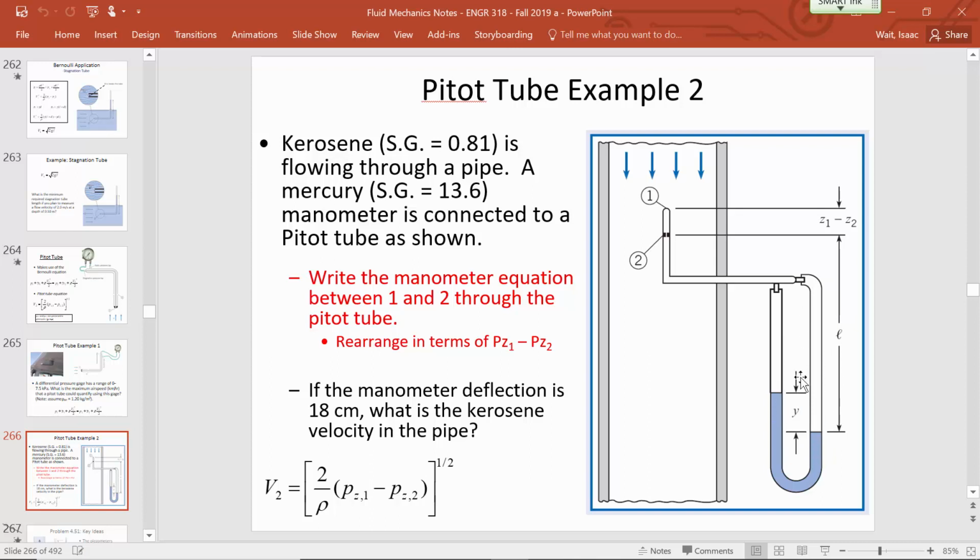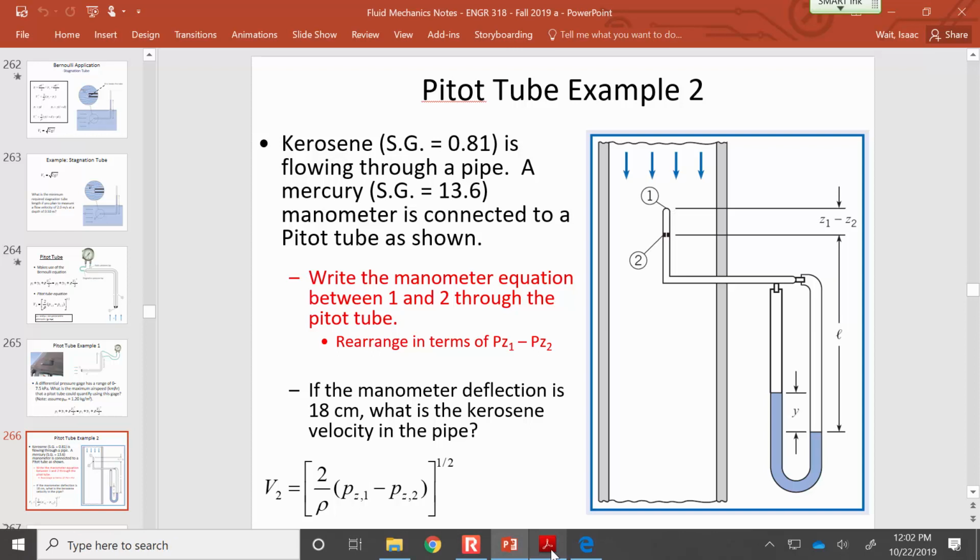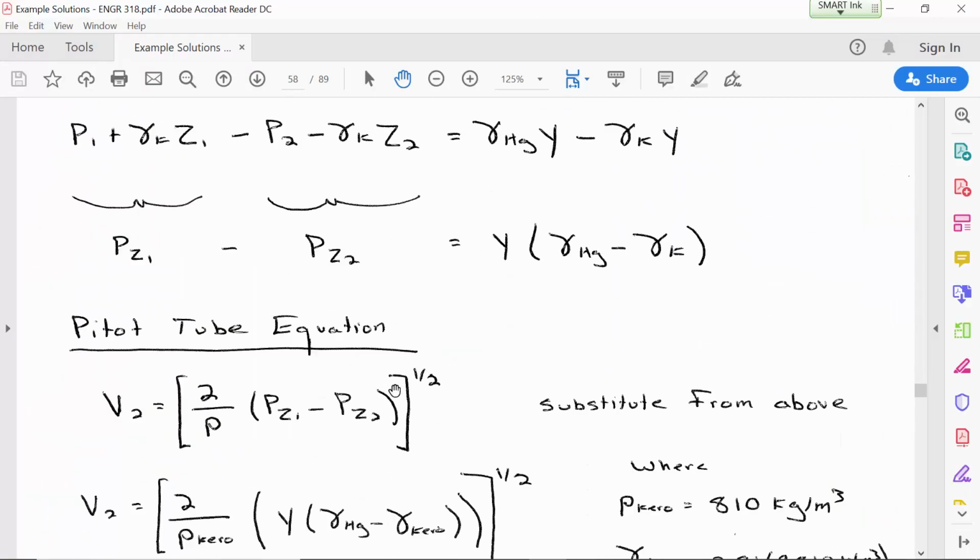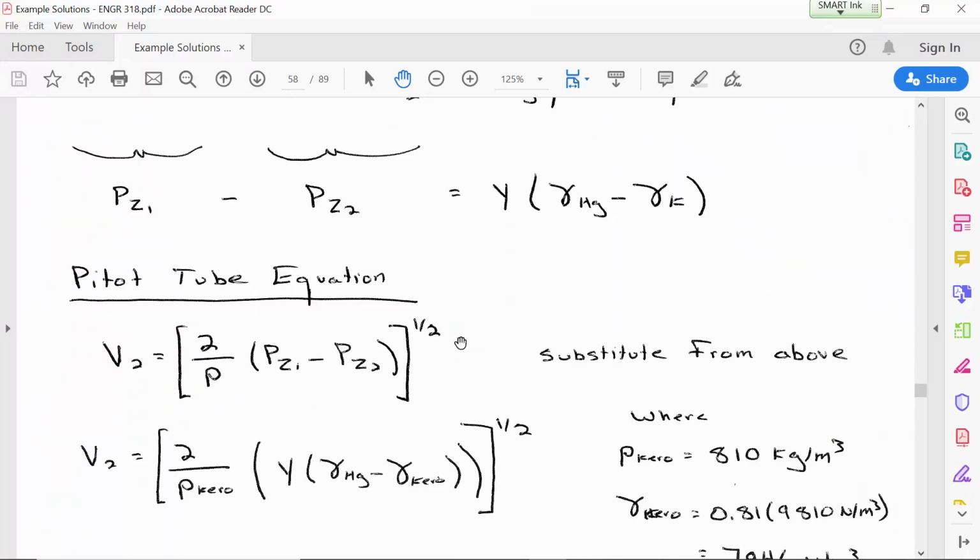The manometer is just measuring the pressure difference that's caused by the intercepting of the streamline at location 1. Once we take this equation and substitute it into the Pitot tube equation, which is really just the Bernoulli equation, it's not a new equation. It's just the Bernoulli equation that we've rearranged so that V1 is 0.